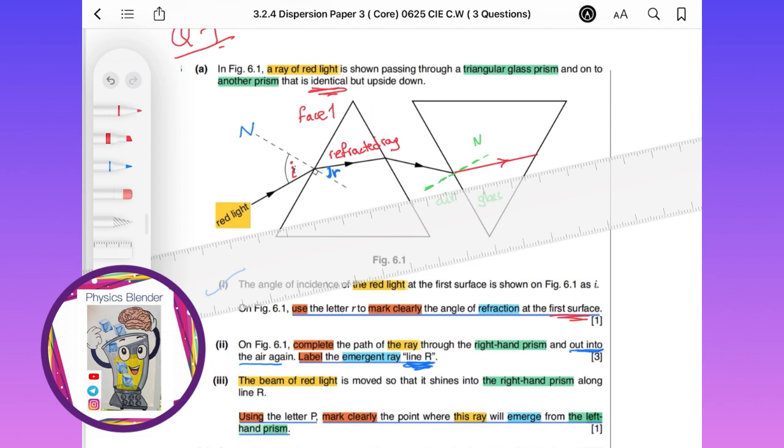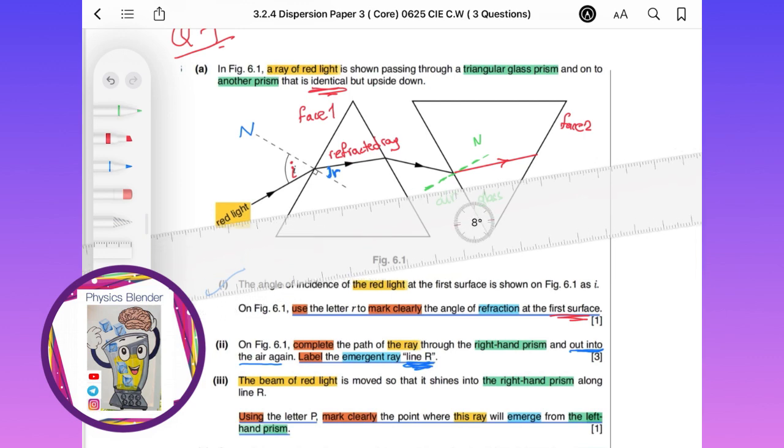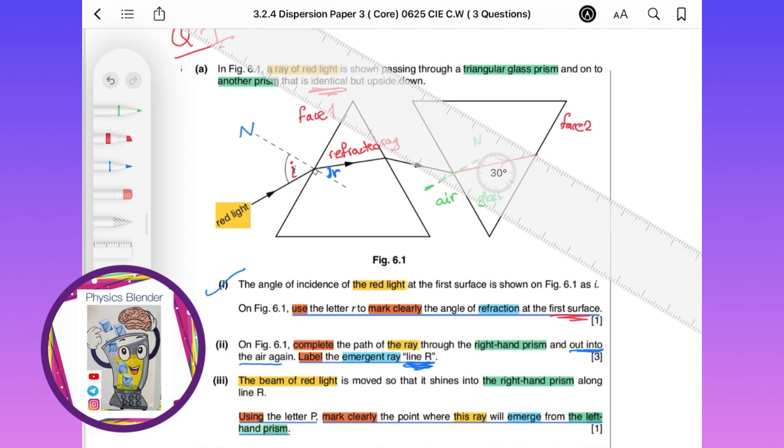When it reaches face 2, for the second prism, I have to draw a new normal line, to make it clear whether it will bend towards or away from the normal.